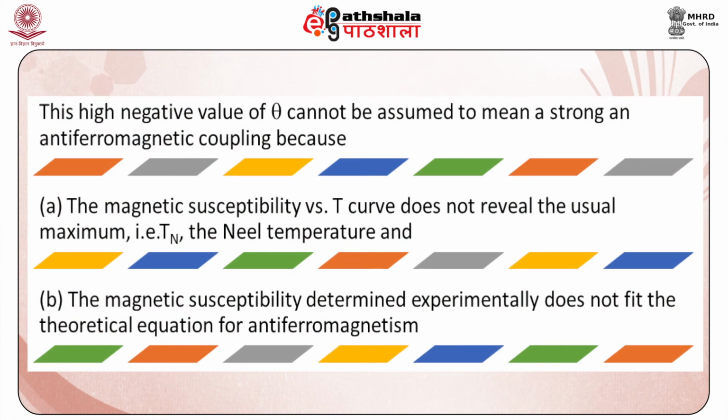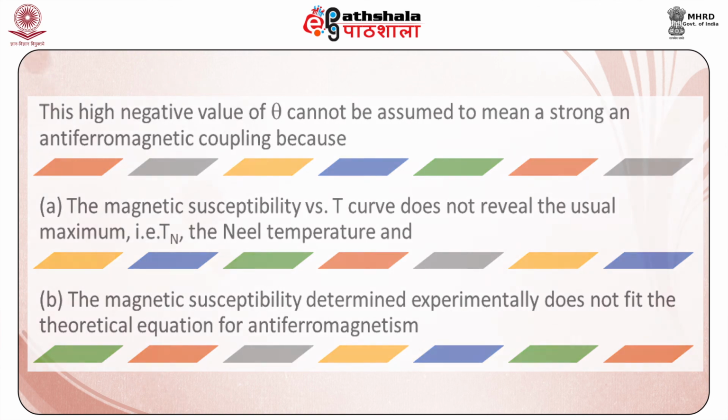This high negative value of theta cannot be assumed to mean a strong antiferromagnetic coupling because A. the magnetic susceptibility versus T curve does not reveal the usual maximum, which indicates Tn, the Néel temperature. B. The magnetic susceptibility determined experimentally does not fit the theoretical equation for antiferromagnetism.